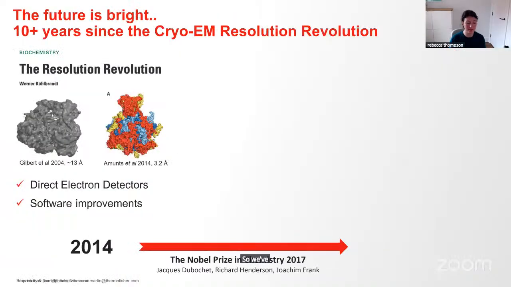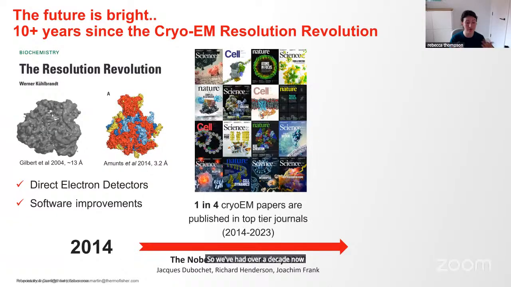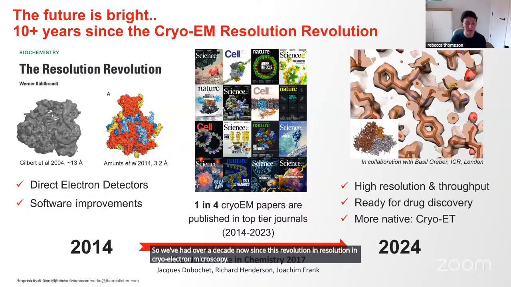So we've had over a decade now since this revolution in resolution in cryo-electron microscopy. And I think that where we are today is incredibly exciting because more and more challenging samples, heterogeneous complexes, biologically relevant samples are now being examined using cryo-electron microscopy.